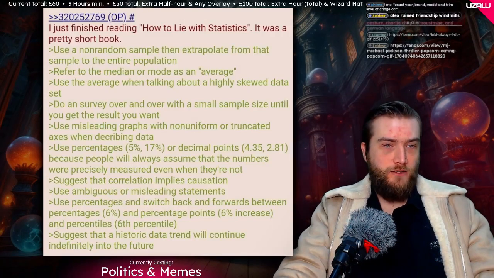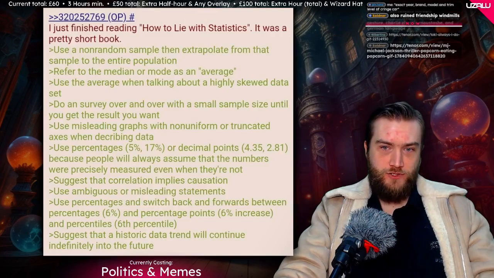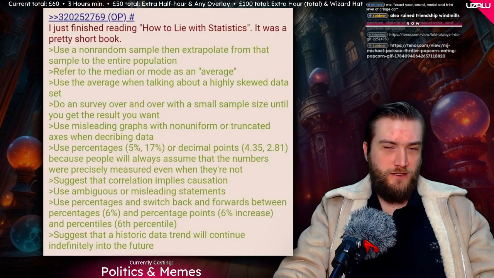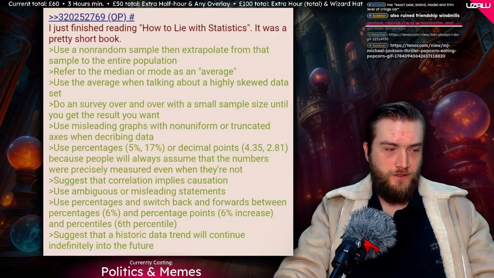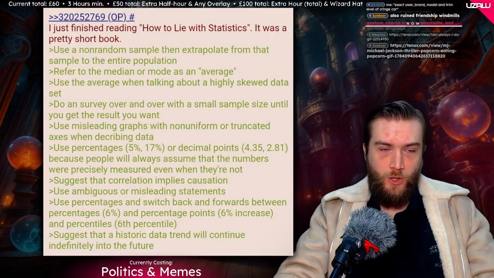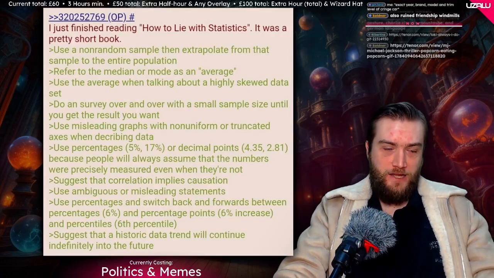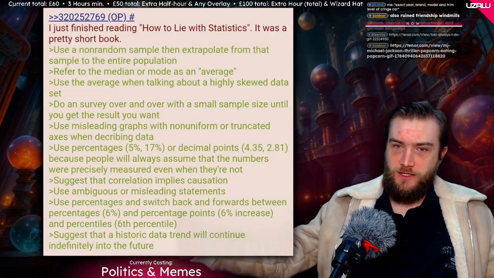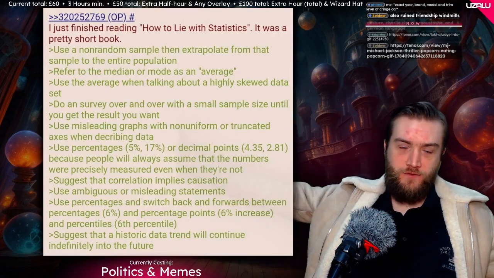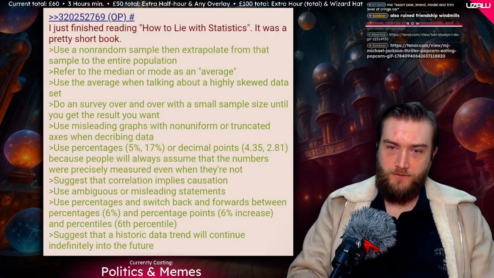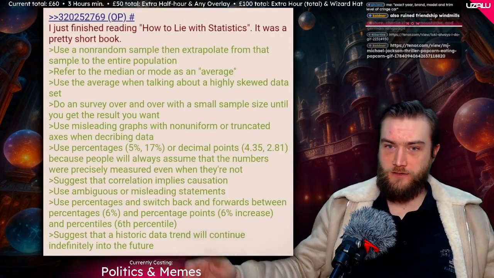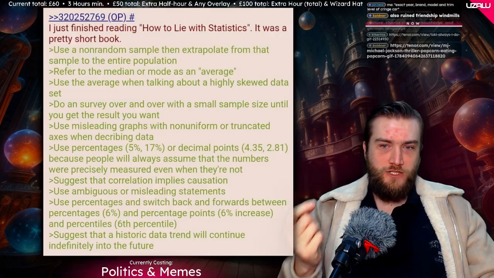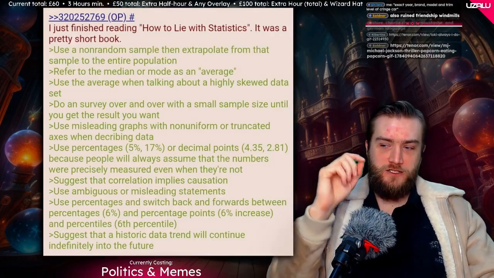Refer to the median or mode as an average. By some regimes, they're types of average. But mean average is the one that people know of as average, where you take all the values and add them together and then divide by the number, so you get the exact middle value, the balance of the values. Mode, I think, is the most common specific value.